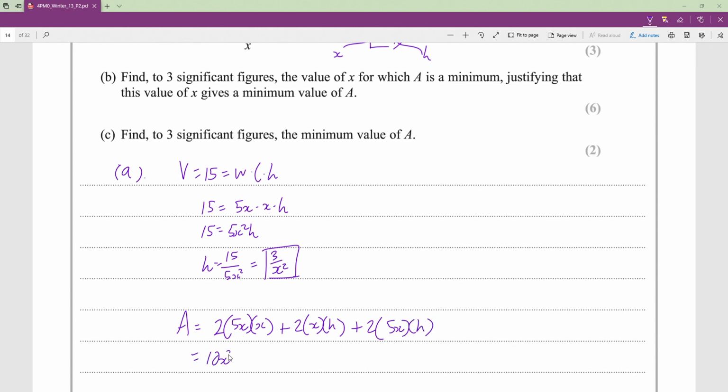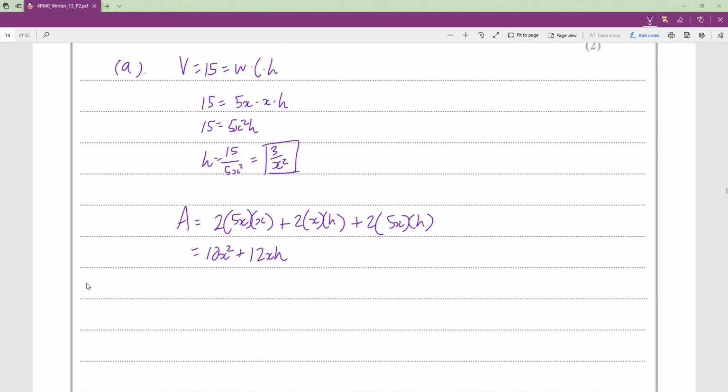This would be 10x squared plus 2xh plus 2 times 5x times h, plus 12xh, and substituting in that h is 3 over x squared, A is equal to 10x squared plus 36x over x squared, which is 10x squared plus 36 over x. And that is how we would show that the area is 10x squared plus 36 over x.